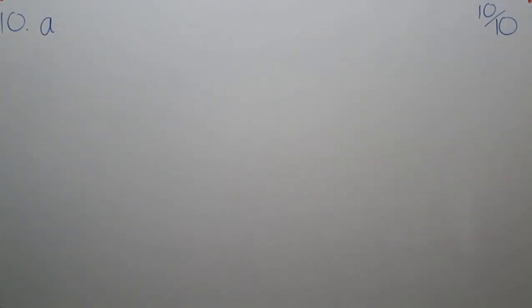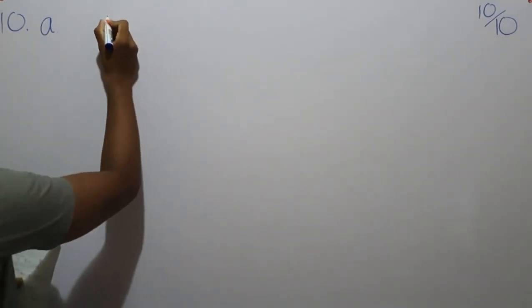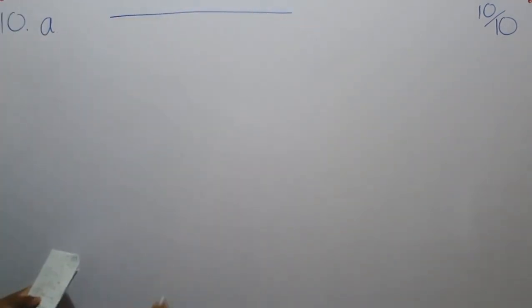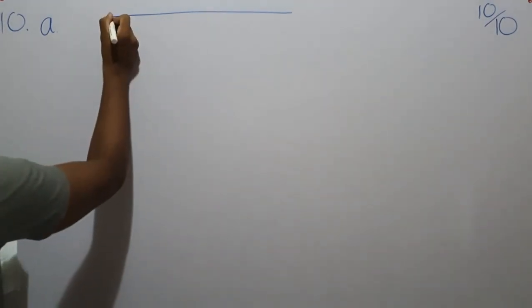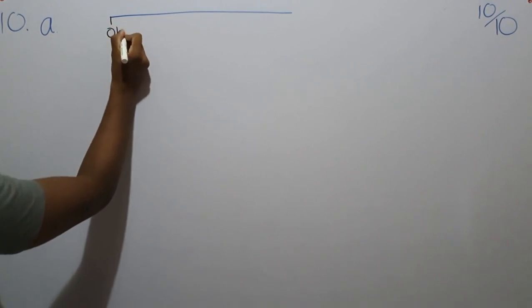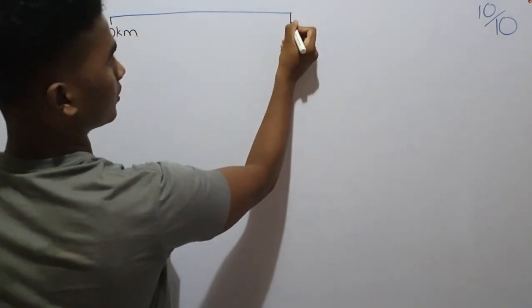Amira takes X minutes to drive the first 30 kilometers of the journey. So we'll draw the first 30 kilometers of the journey. It's something like this. And this is 0 kilometers. This is 30 kilometers.